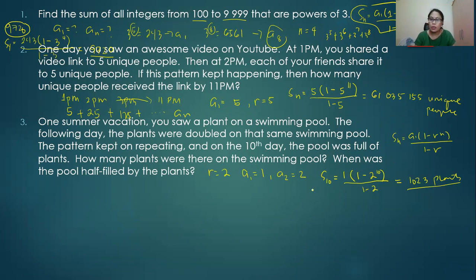By inspection, when we solve for S sub 9, the first term a sub 1 equals 1, and then 1 minus 2 to the 9th all over 1 minus 2, and this gives us 511 plants. So it's correct, no? When you divide 1023 by 2, this is 511.5. So this gives us 511 on the 9th day.